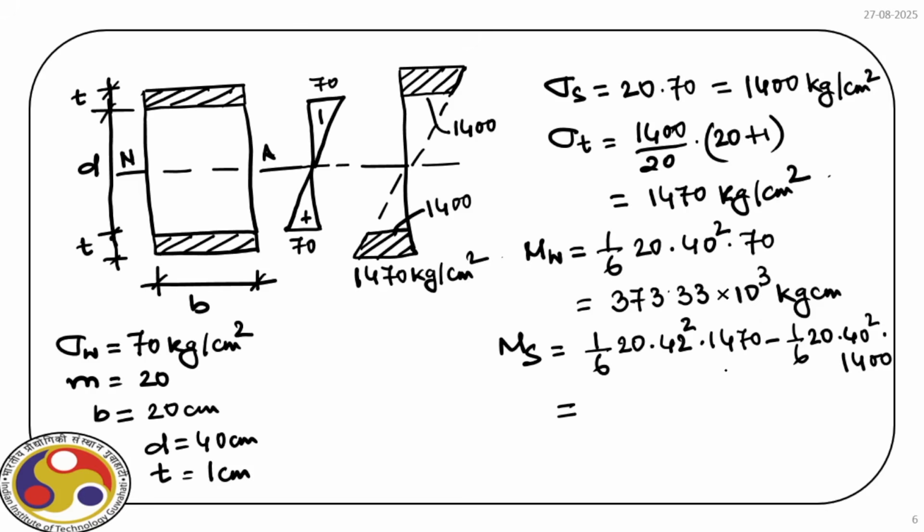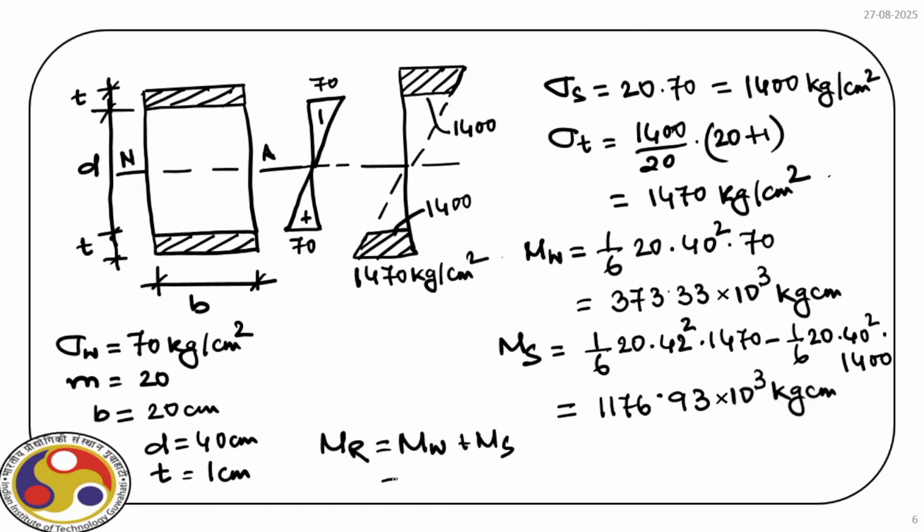Now, if you solve this, you'll get 1176.93 kg centimeter. So the total moment of resistance Mr is the summation of Mw and Ms, and the total moment of resistance we get is 1550.26.